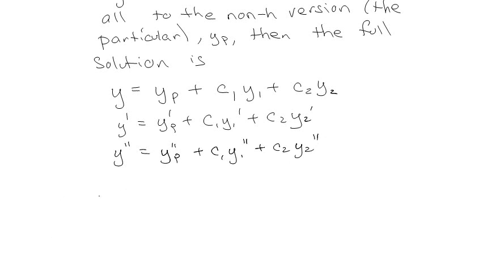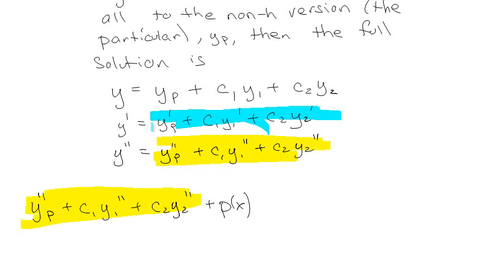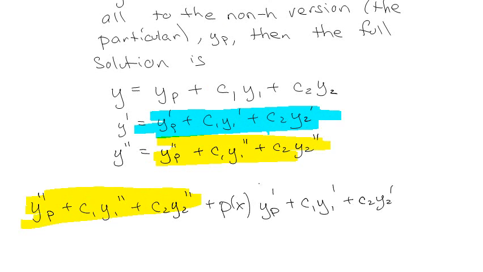So that's y double prime plus p(x) times y prime, which is y_p prime plus c1 y1 prime plus c2 y2 prime, and then I'm going to be writing off the page.